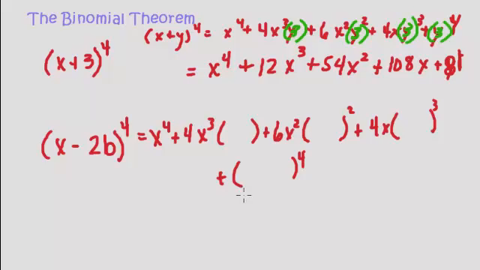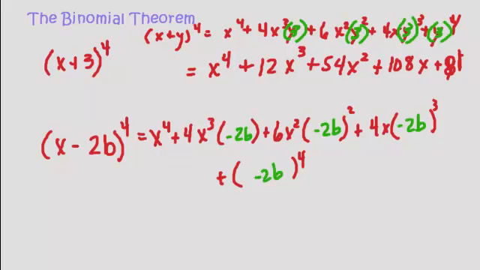Alright, I just went ahead and wrote this down to save some time, but you're just going to put a negative 2b in wherever there's a y. And I just wrote down the fourth degree binomial expansion. And then you're just going to multiply all this crazy stuff out, and then you'll be done. So multiply it out and combine where you can, and you'll be finished.